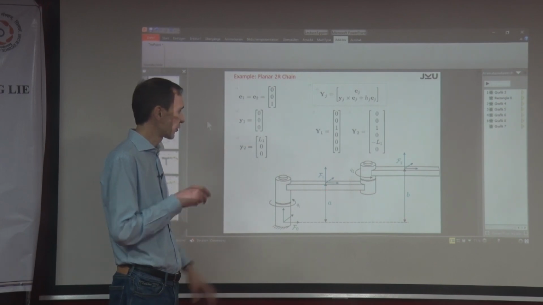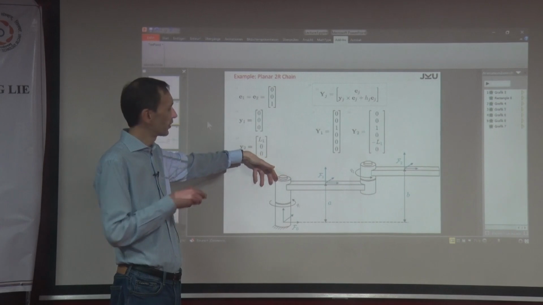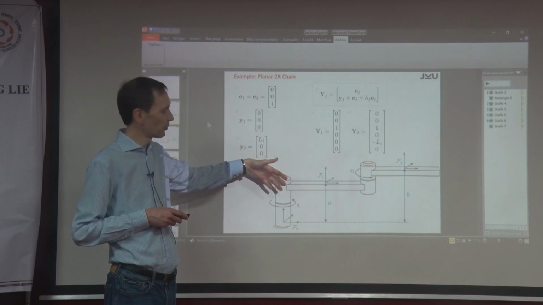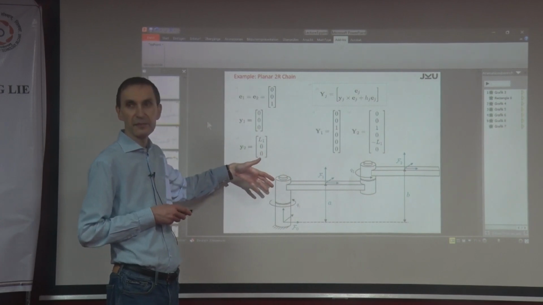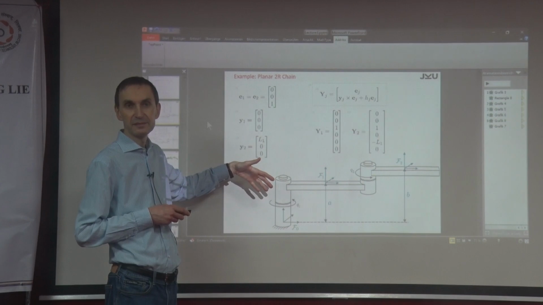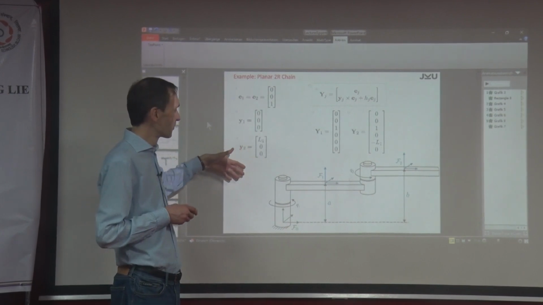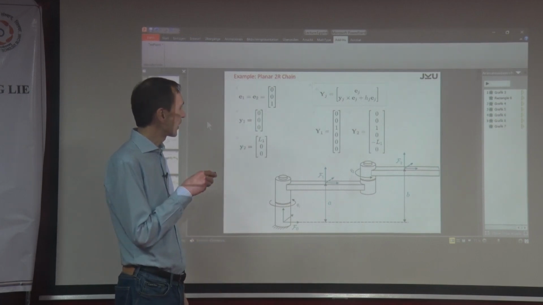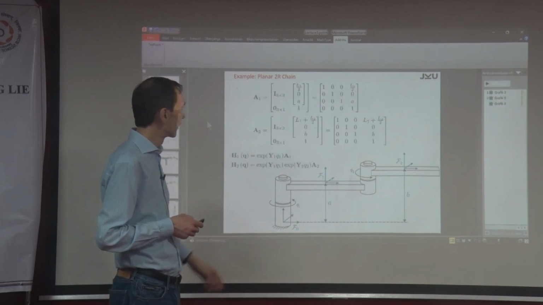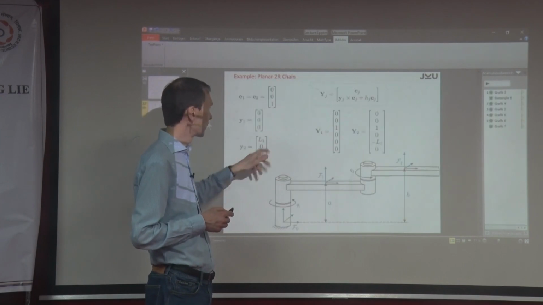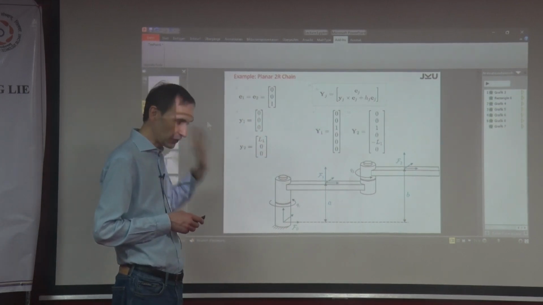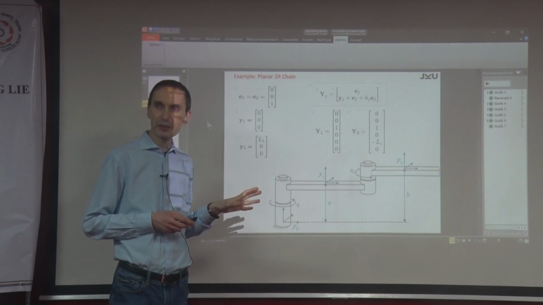But F1 is here, so if you turn this one, then F would also have a translation, right? But why is it not giving us the translation? Because this is not what it's describing. Again, if you say the exponential of Y1, what does this describe?